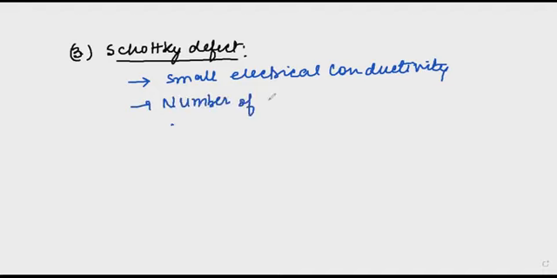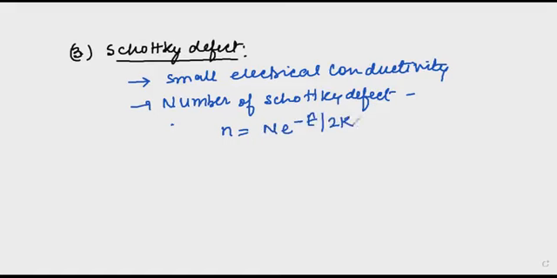Number of Schottky defects is produced by n = N e^(-E/2kT). n means number of Schottky defects. This is a representation of number of Schottky defects.